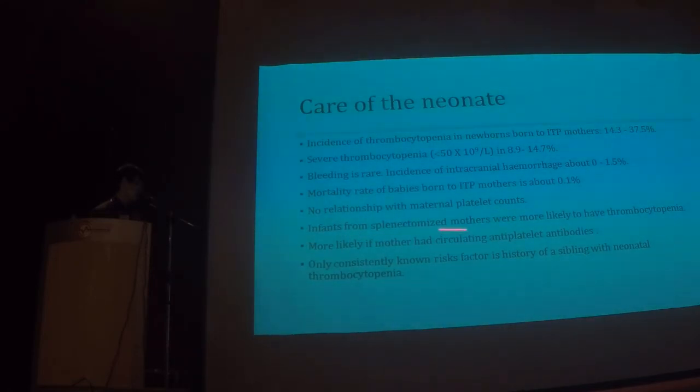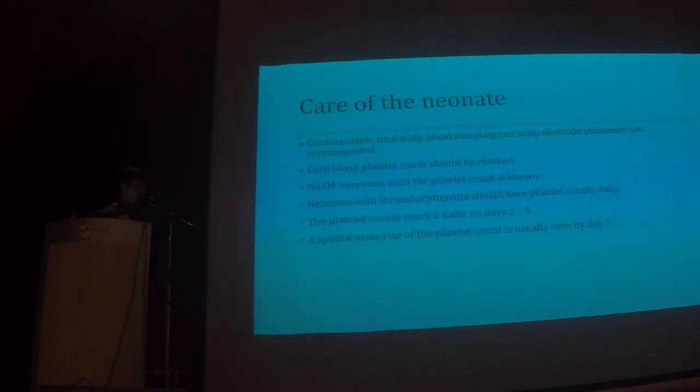And if the mother is splenectomized, the mother cannot destroy the platelets that are coated with antibodies, so the mother has good platelet counts but the antibodies are circulating. So that's the reason why it's more likely if the mother is splenectomized. Good platelet counts in the mother, but the baby is more likely to get thrombocytopenia. The only consistent risk factor is a history of a sibling with thrombocytopenia.